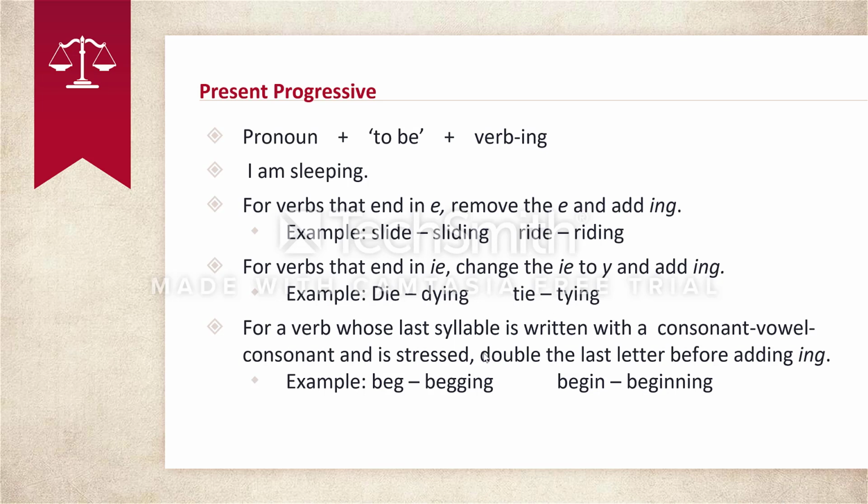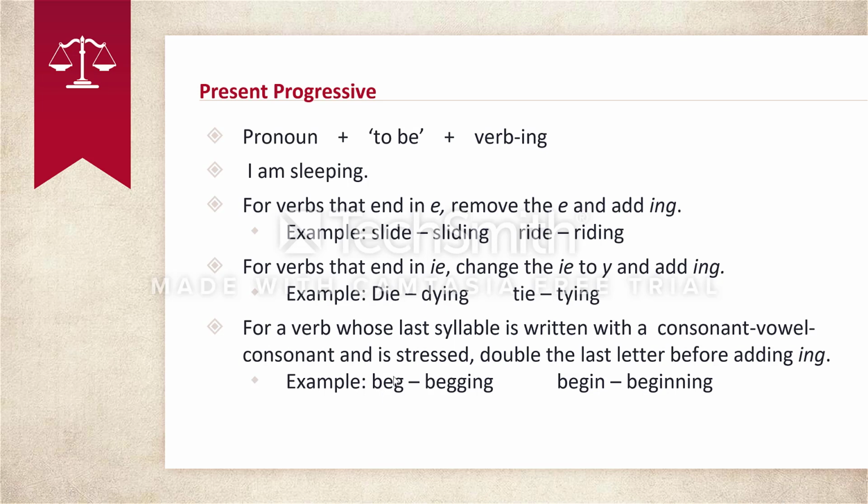Now, that's not too difficult. This last one is a little more difficult, so we're going to have to break this down into a few parts. It says for a verb whose last syllable is written with a consonant, vowel, consonant, so that's a pattern, right? A consonant, and then a vowel, and then a consonant, is stressed, double the last letter before adding "ing." So an example is "big," right?